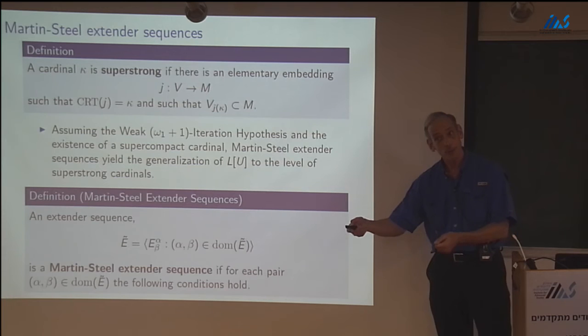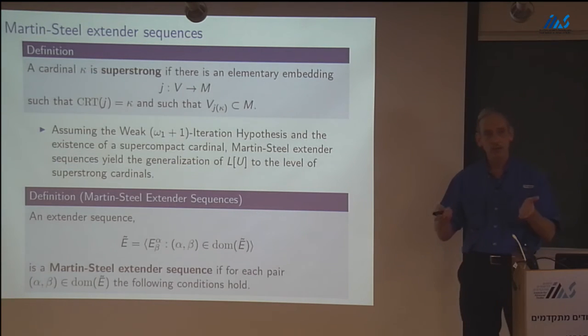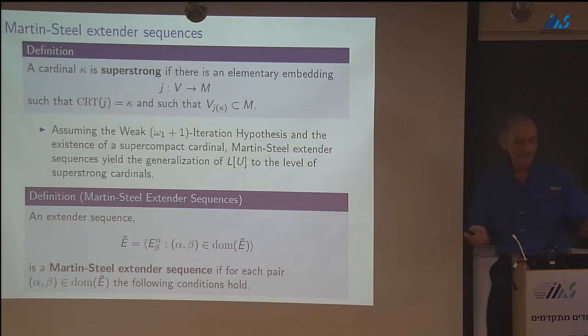Because how many times you repeat it, it's going to code up stuff. So all of these conditions, and there are only three, are designed to block the obvious ways the adversary could try to code information into the model. The adversary being nature. The remarkable fact is that these are the only things you have to worry about. That's what Martin and Steel proved. But you need that iteration hypothesis.